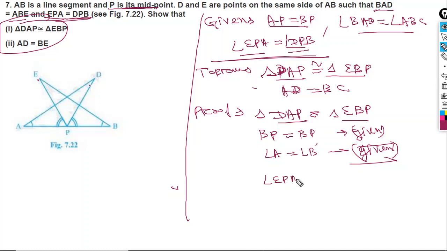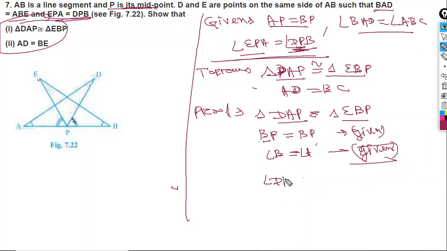Since we have taken BP first, you please take angle B first, then you can take angle A. Same thing, angle B equals angle A. Here also, same thing, we will first take this angle, DPB, not EPA.